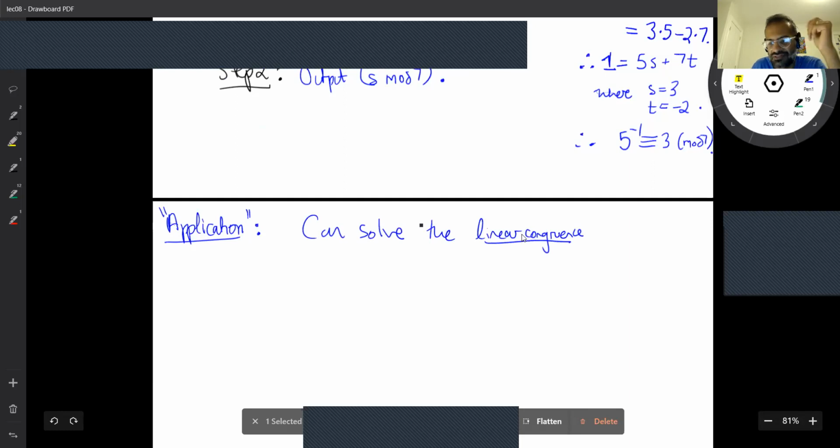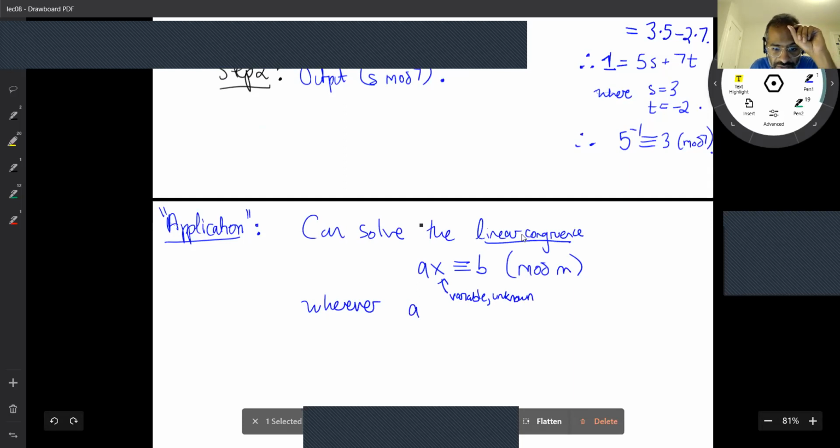It's like a linear equation, except the equality is replaced by a congruence: AX is congruent to B mod M, where X is a variable and unknown, and everything else is known, whenever A is relatively prime to M.